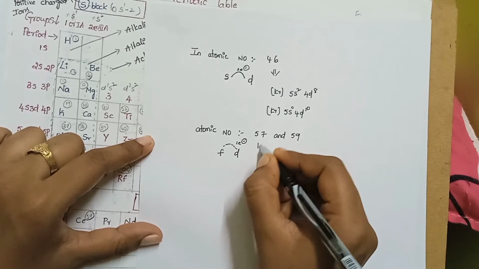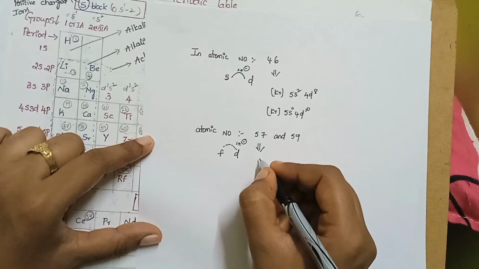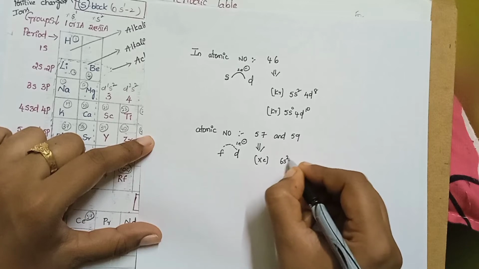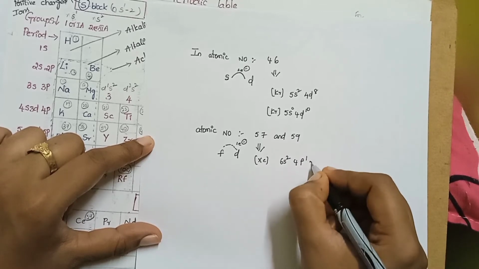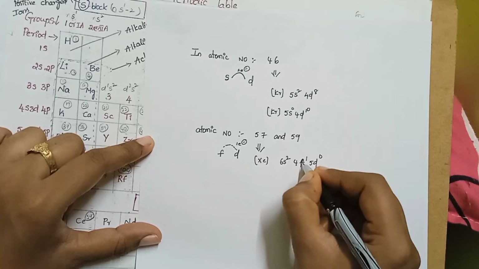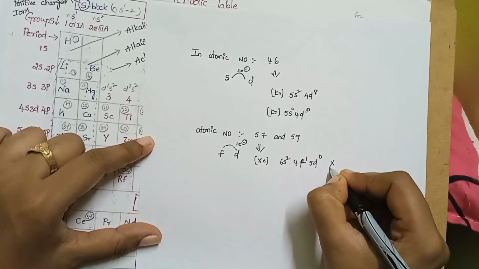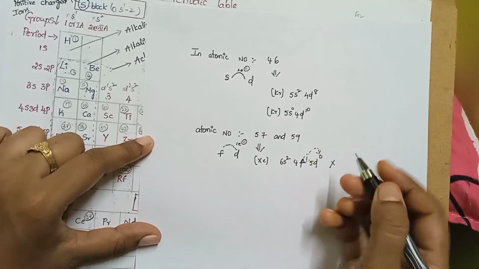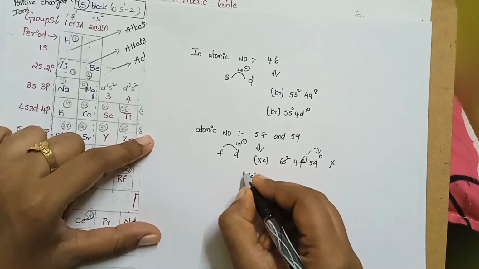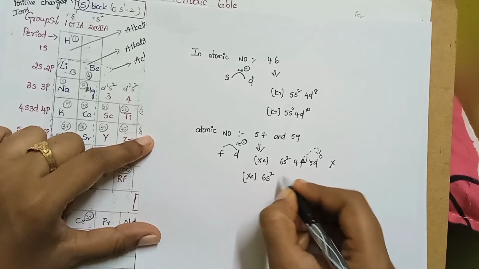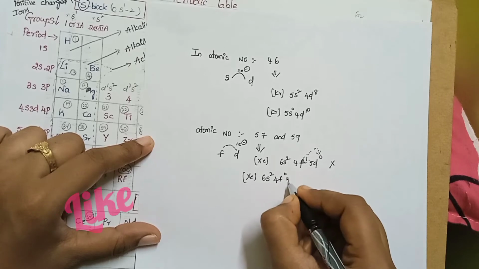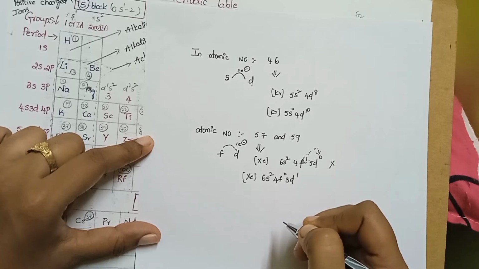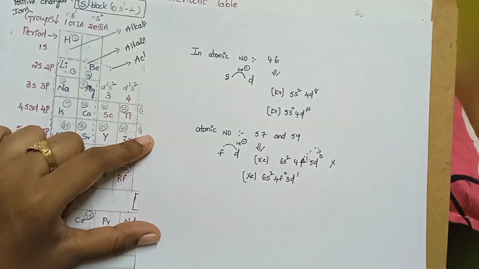So for 57, the electronic configuration xenon 6s2 4f1 5d0 is wrong, because the electron from the f subshell is transferred to the d subshell. The right answer is xenon 6s2 4f0 5d1. Did you understand the concept?